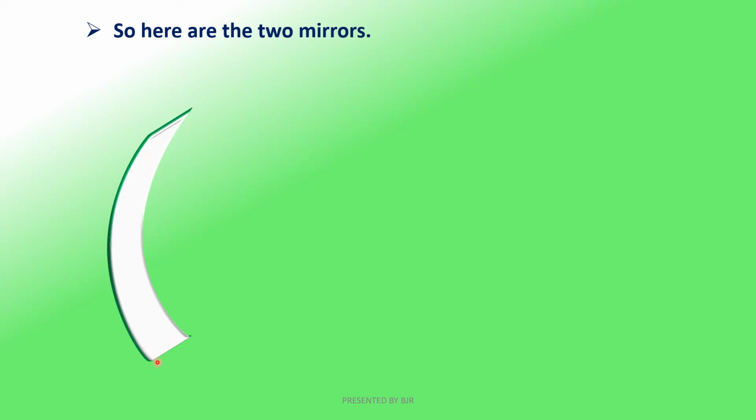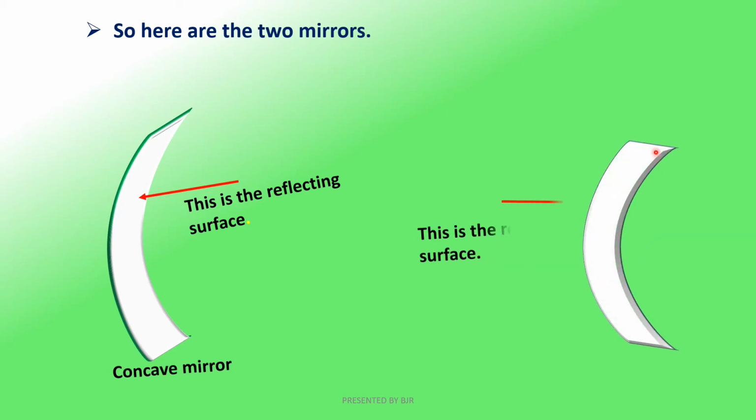It is a concave mirror because this is the reflecting surface, and this is the convex mirror. This is the reflecting surface. The reflecting surface is here curved inward, here it is curved outward. This is the convex mirror.